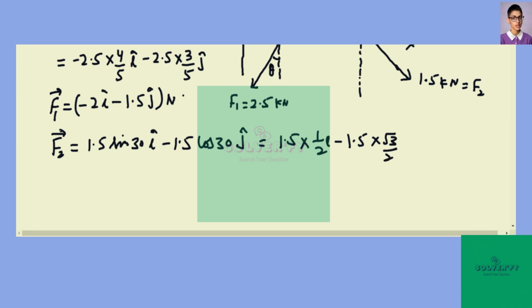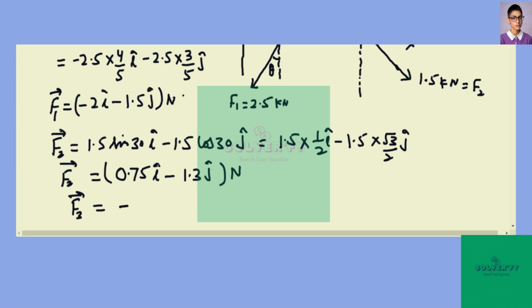When you simplify, this force would be 0.75 i cap minus 1.3 j cap kilonewton. Now F3 force is along the negative y-axis, so this can be written as minus 3 j cap kilonewton.